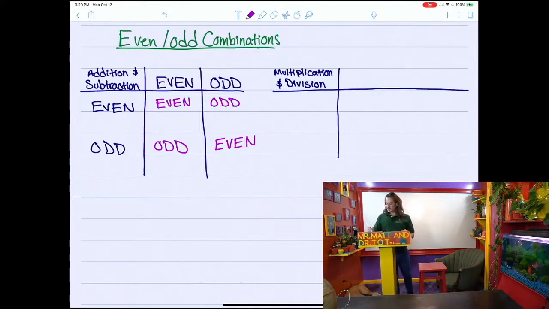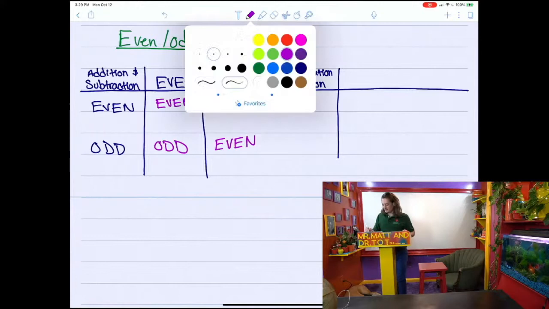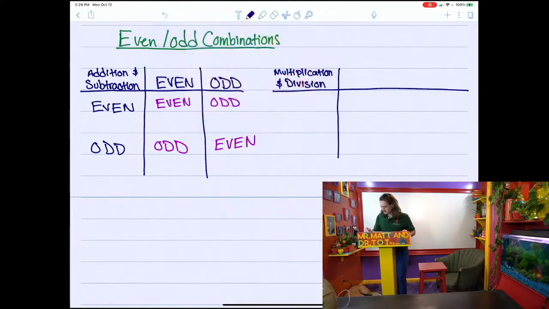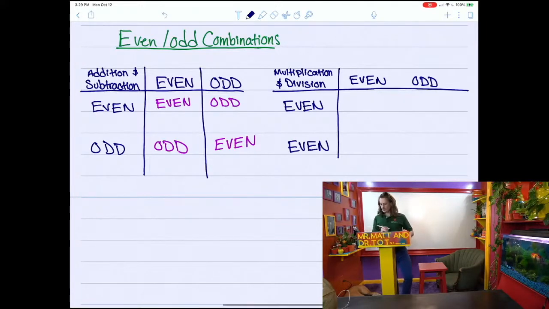And with multiplication and division, it is a little bit different. So an even times an even will give us an even.